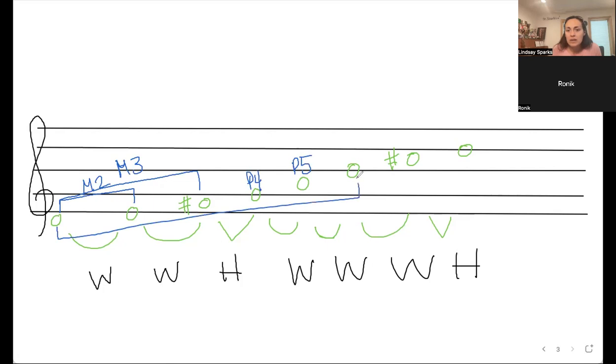D up to B is a major sixth. D up to C sharp is a major seventh. And then your octave is a perfect octave.